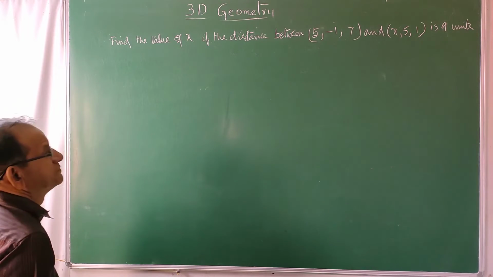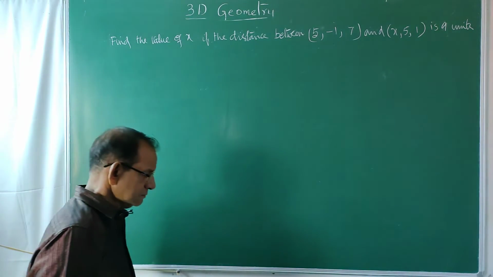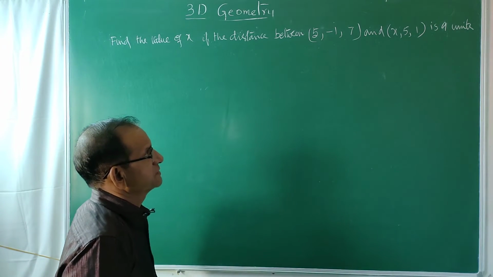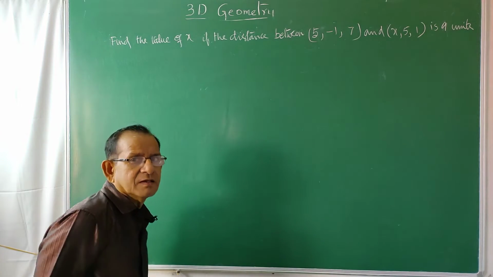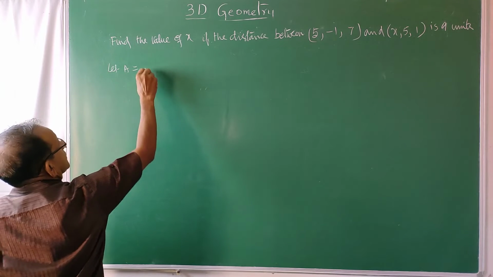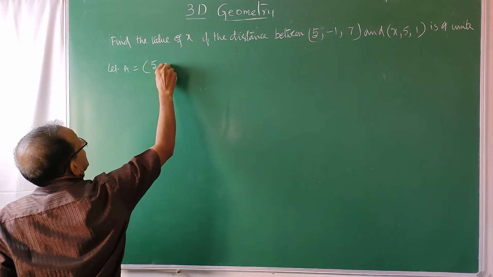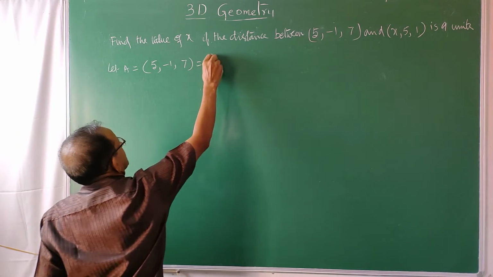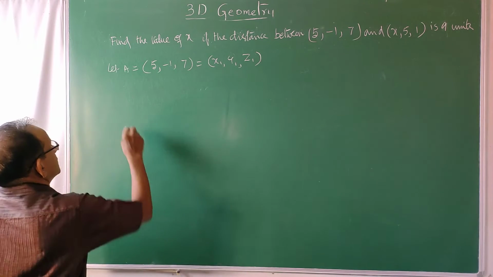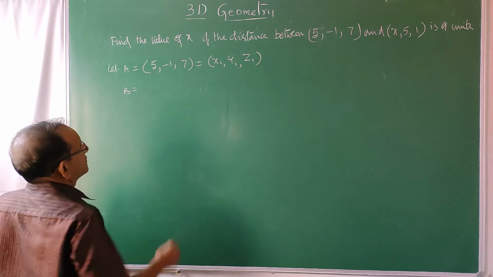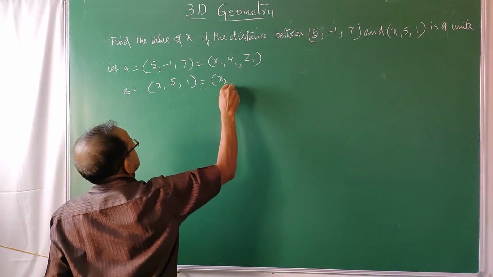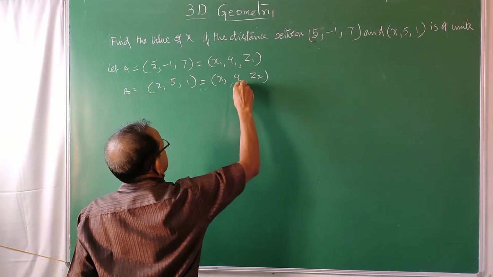See this question. 2 points are given. Let us take the 2 points as A and B. We have to find the value of x if the distance between A and B is 9. Let A = (5, -1, 7) = (x1, y1, z1) and B = (x, 5, 1) = (x2, y2, z2).